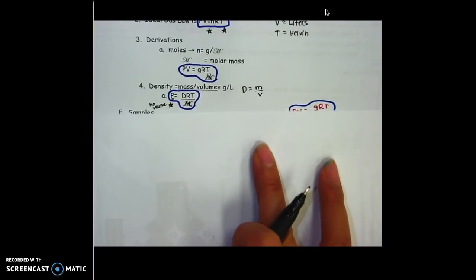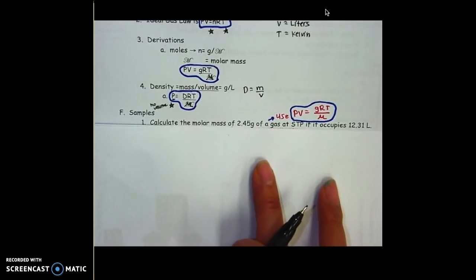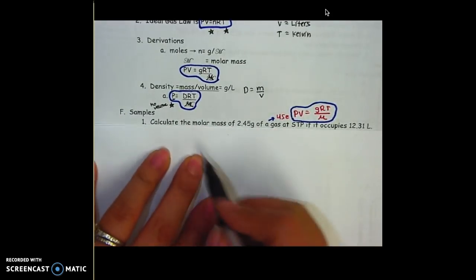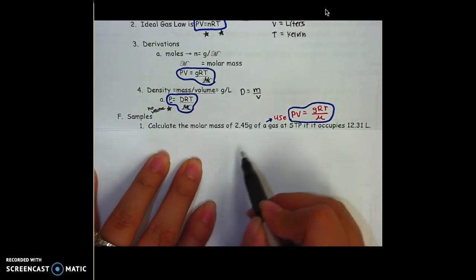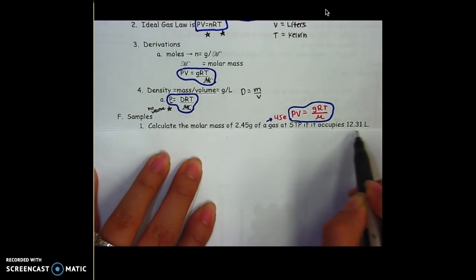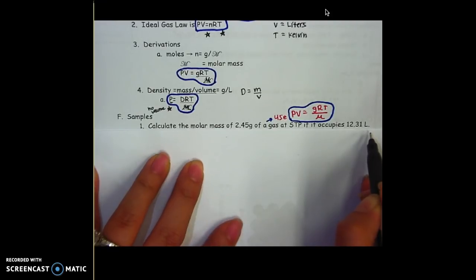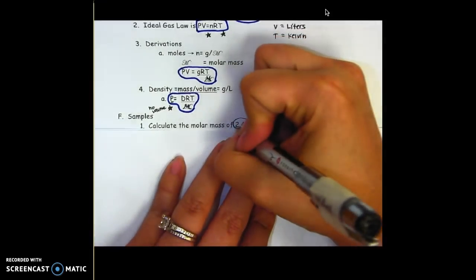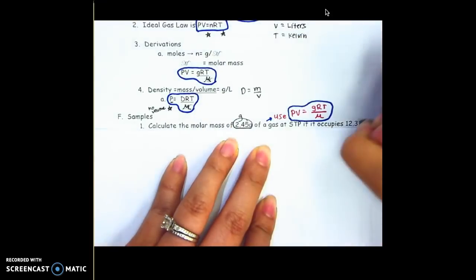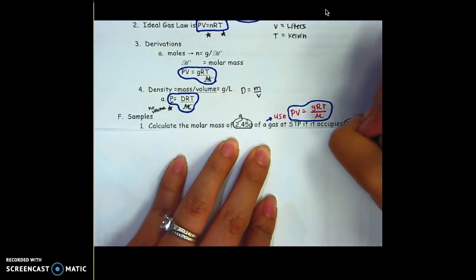Now, let's try these two sample problems out together that we have in our notes. It says, calculate the molar mass of 2.45 grams of a gas at STP if it occupies 12.31 liters. This right here is grams. This right here is volume.